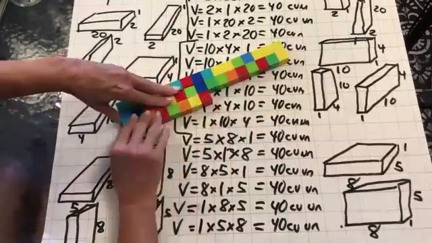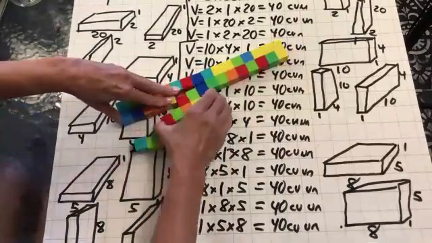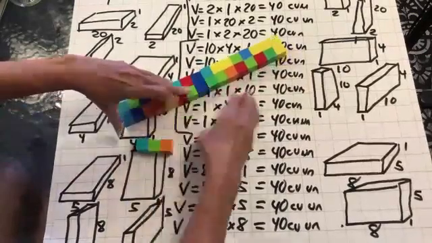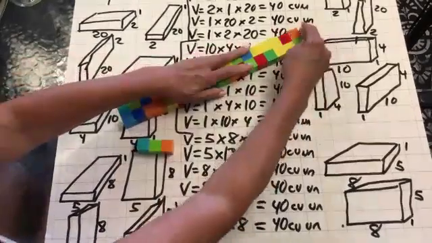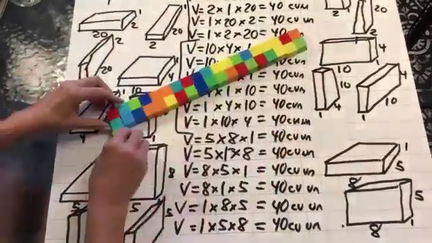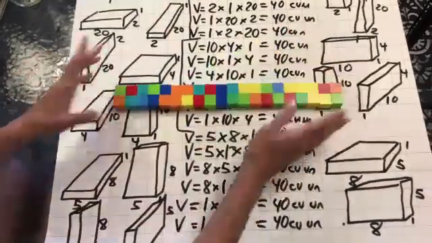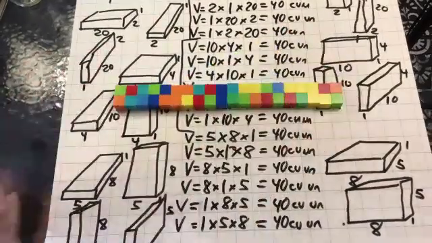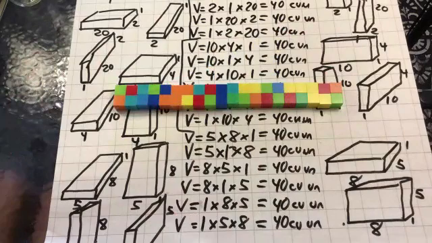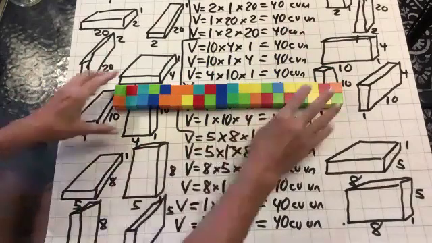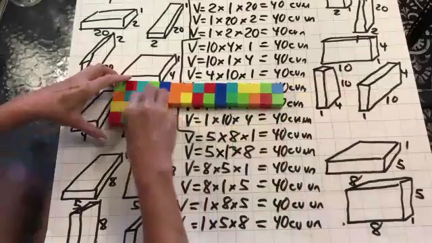And again, we're constantly rearranging these cubes to occupy different volume space. So the same volume, different space. Sometimes we can get this 40 cubic units into a space, but changing up how it is laid out.